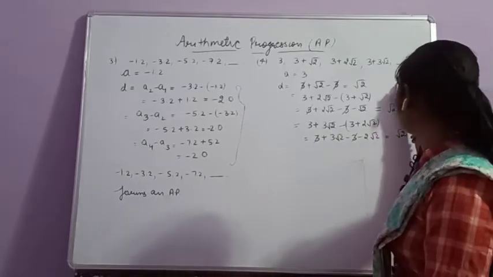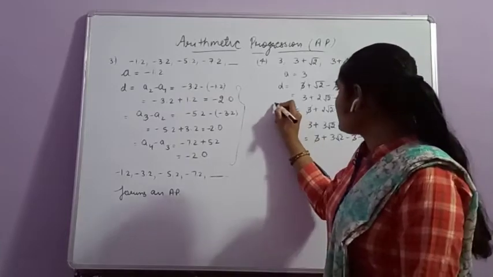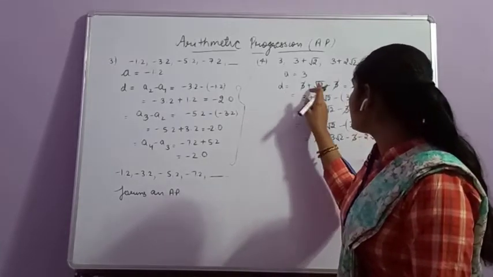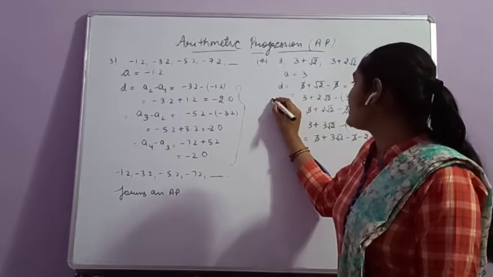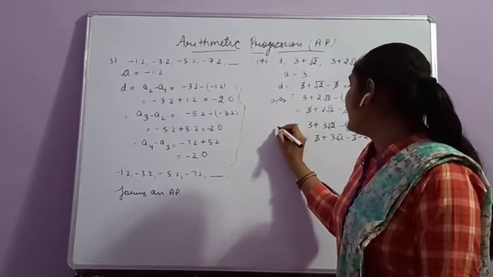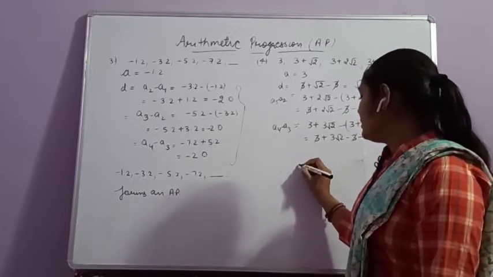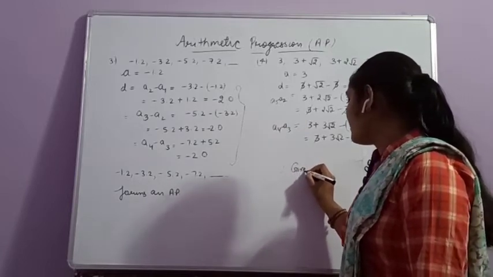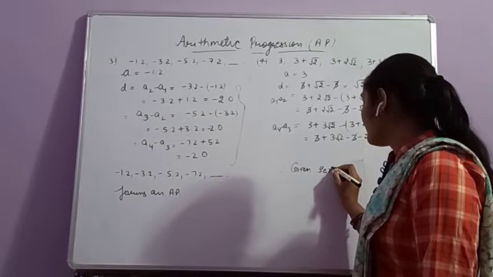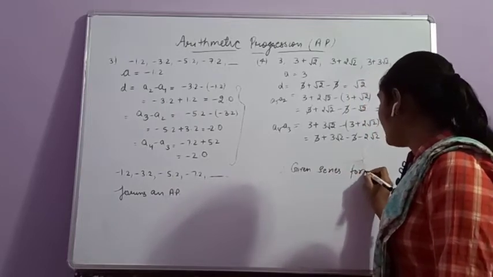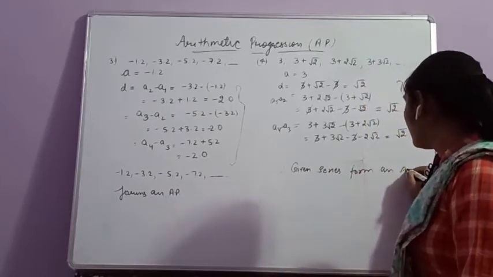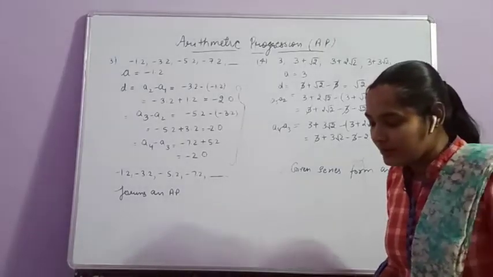That means D is the same for A2 minus A1, A3 minus A2 and A4 minus A3. Therefore, the given series forms an AP. Clear?